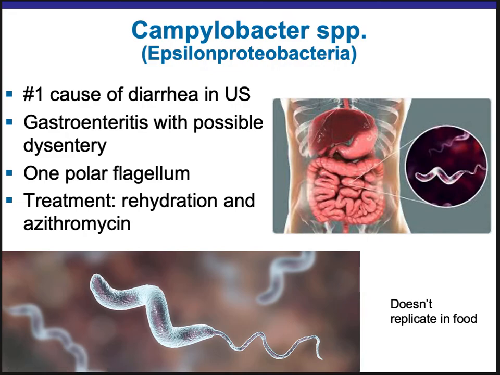You ingest it, and once it gets into your gut, into your small intestine, it starts to replicate very rapidly and colonize the small intestine, and that is why the response is diarrhea, right? Because that's the best way to flush it out, to stop it from colonizing and to get rid of it.